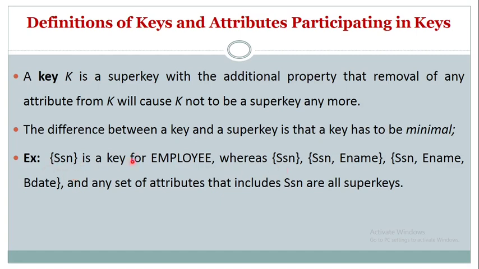So SSN is the key for an employee, whereas SSN, or SSN, employee name, or SSN, employee name, birth date, all these sets of attributes are called super keys. Usually a super key may come as a single attribute or as a set of attributes, whereas a key is a minimal set of attributes.